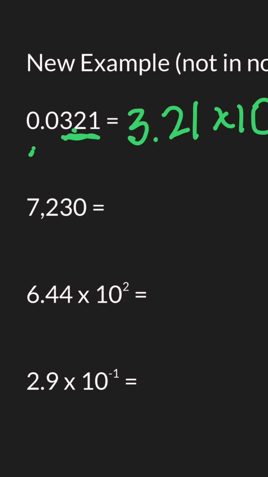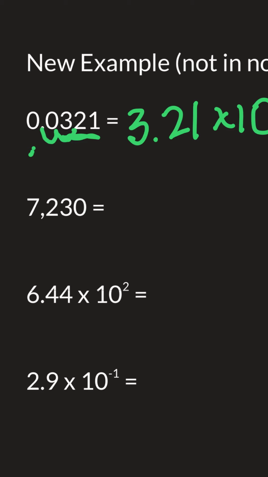So we count how many jumps. It's simply 1, 2. So it's only to the negative 2. There is such a thing as a negative 1. There is even such a thing as 10 to the 0, which is the same number, which is silly. I've never seen it written like that. But you definitely will see numbers written like this with times 10 to the negative 2.